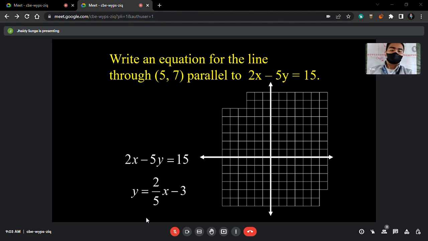What we're going to do here is to find your y-intercept. What is your y-intercept po? Your y-intercept a while ago is just negative 3, or b, isn't it?